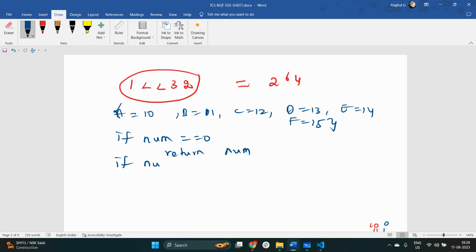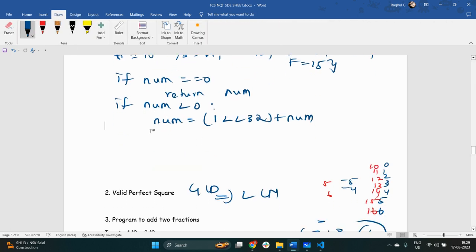And if my num is less than 0, I'm going to change the num into an equivalent positive number by adding 2 power 32 plus num. Once we have done this, I'm going to follow my same pattern over here, where I'm going to work on the digits. While num is greater than 0, I'm going to find the digit.